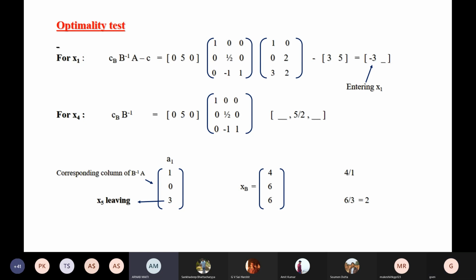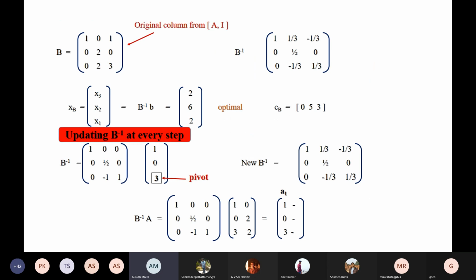Then we replace that column in B by x1's column, so the B matrix will become 1 0 1, 0 2 0 and 0 2 3. This is the next iteration, iteration 2.